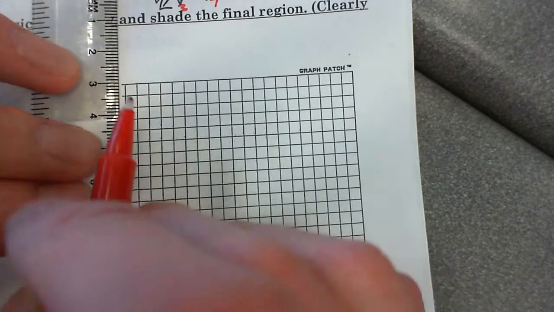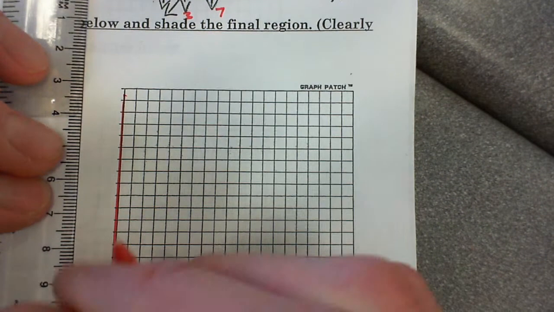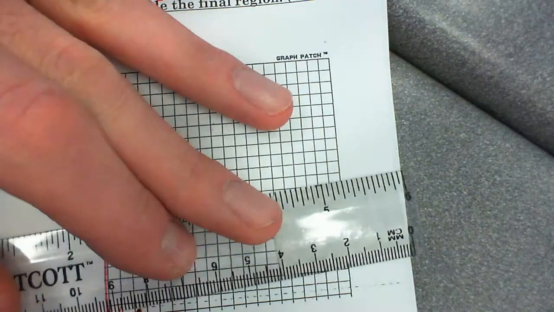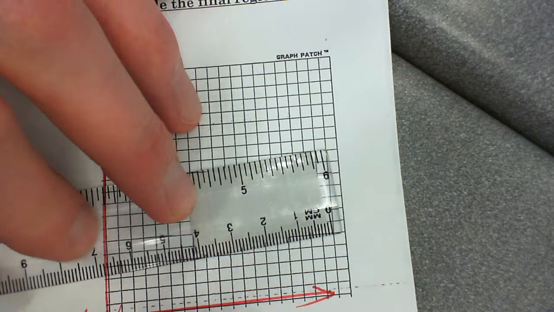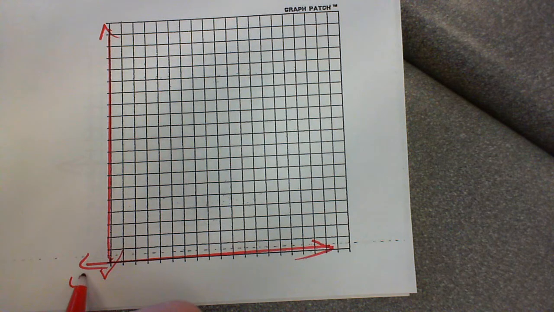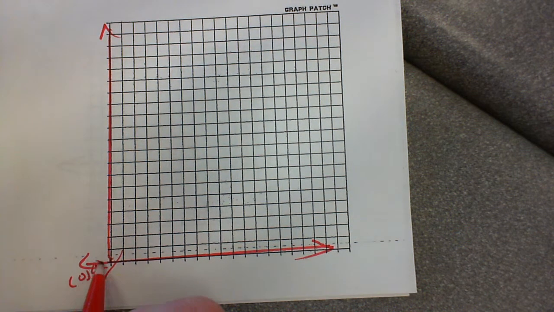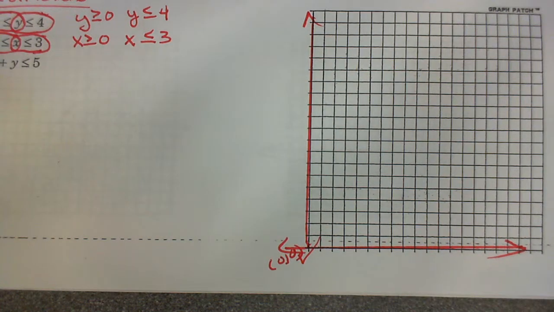I'm going to let the xy axis just be the 2 sides of this graph. This is my origin here, the point (0, 0). Now I need to get these graphed.